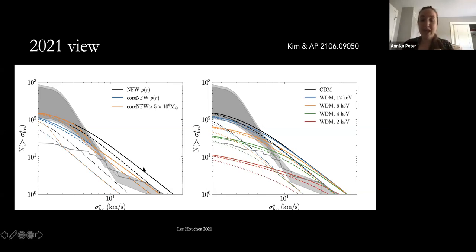The black line is what happens if you assume that the baryons in galaxies are dynamically unimportant, and so you retain this very cuspy cold dark matter prediction.